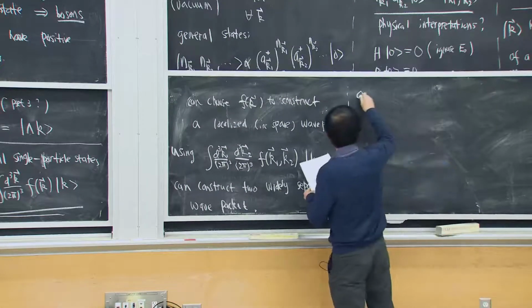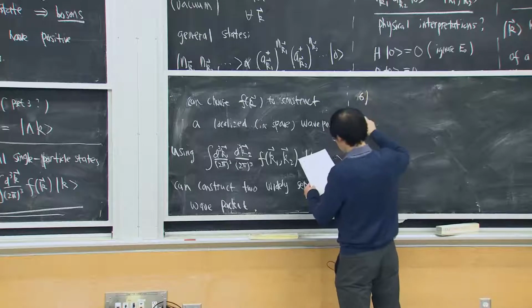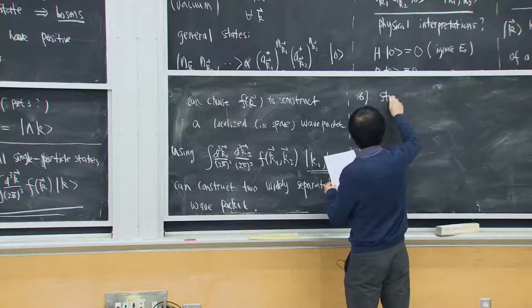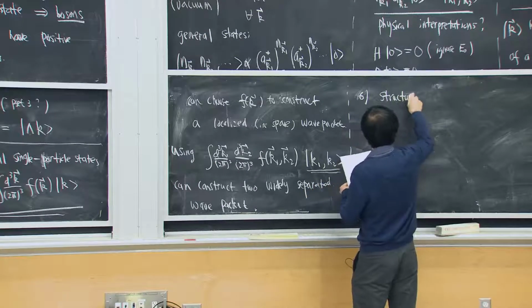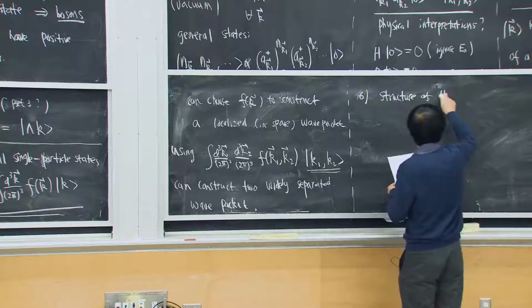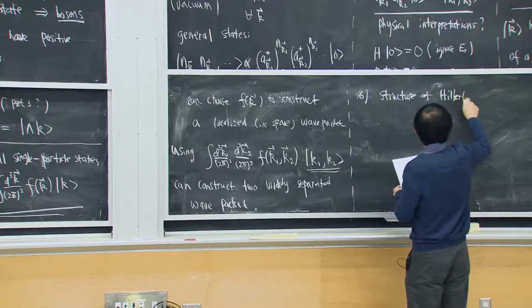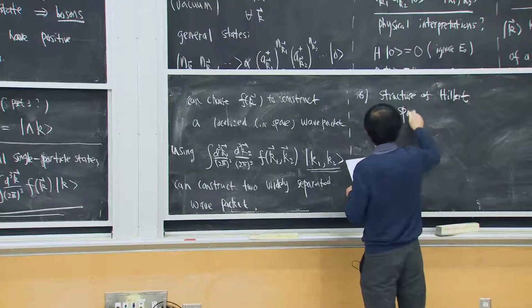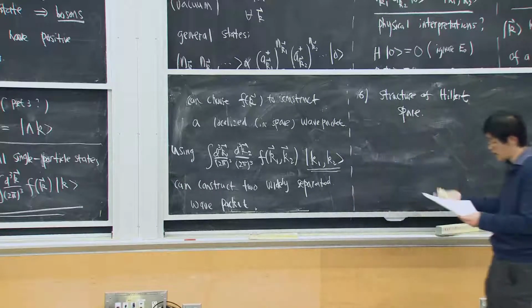So now let's say a little bit more on the structure of the Hilbert space. Here, the structure of the Hilbert space is a little bit special because there's no interaction.